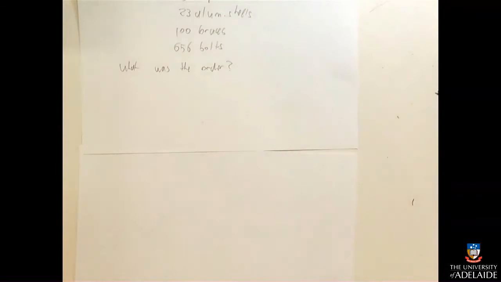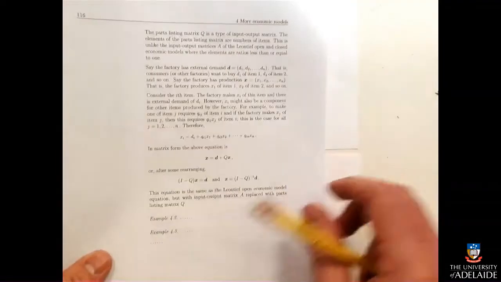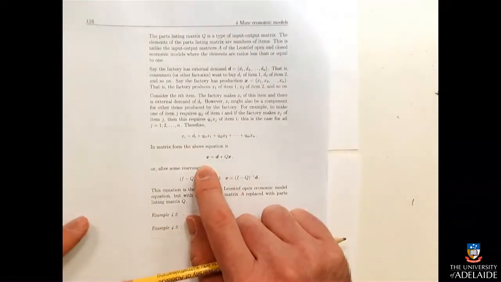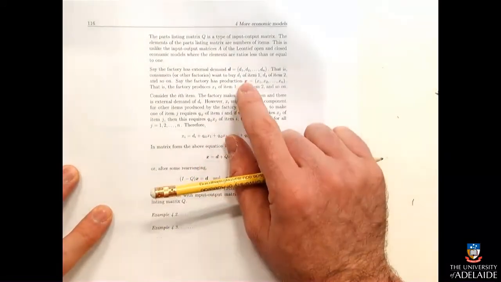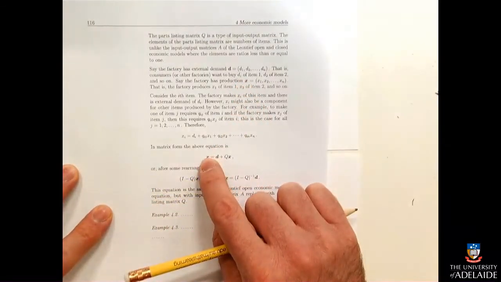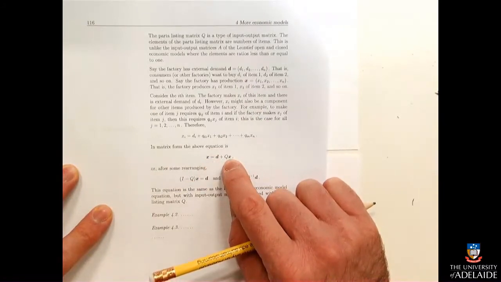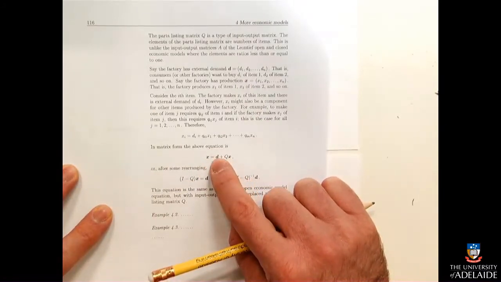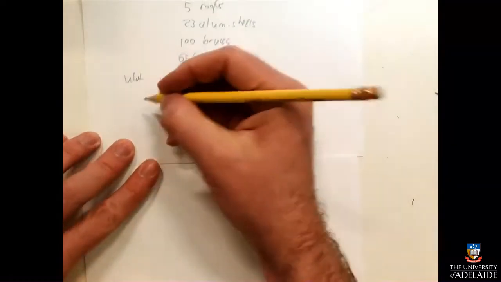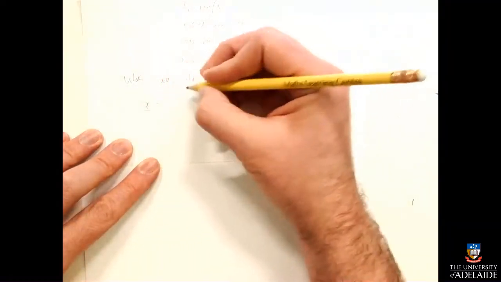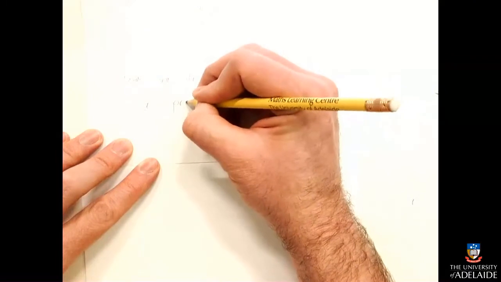So in the notes it says that X is what they produce, Q times X is what you need to produce X, and D is the demand, which is on top of all of the things that you need to produce X. So X is the actual production.